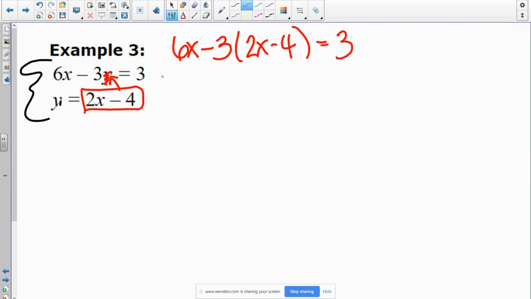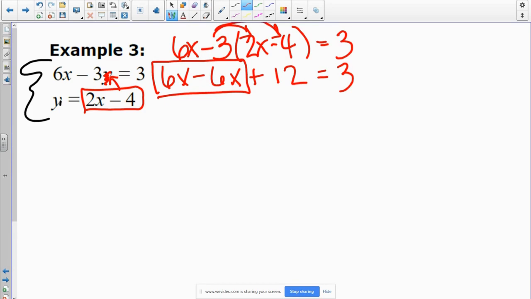I'm going to go ahead and solve. I have 6x. -3 times 2x is -6x. -3 times -4 is a positive 12. I'm going to look at it again, and I notice, well, this one's different. If I take 6 x's and I take away 6 x's, that's going to leave me with nothing. 0 x's, they're gone.